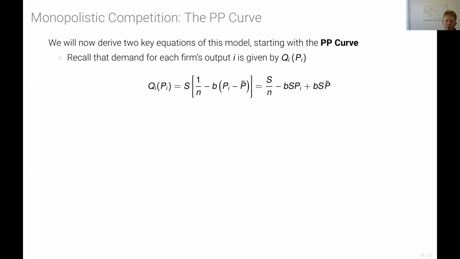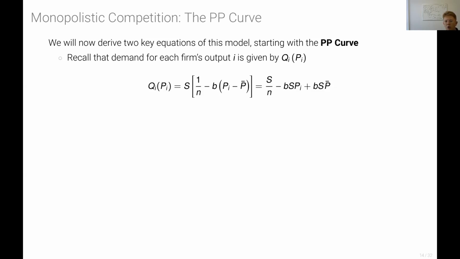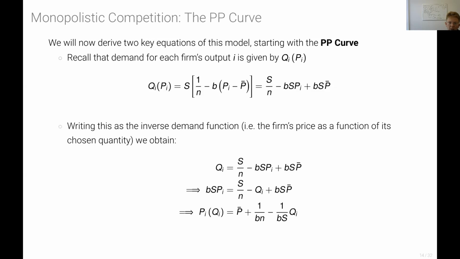If we multiply everything out by S and by the b in parentheses, we'll get this expression. And what we want to do is what we did with our monopolist: start off with their demand and then solve for the inverse demand. So let's do this out on the board.